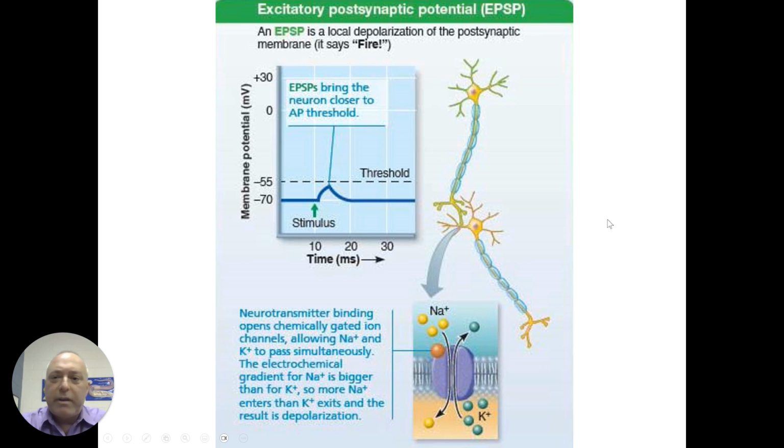The first one is called the excitatory postsynaptic potential, because we're at the postsynaptic membrane. This is an excitatory potential difference, which means you're going to get depolarization. If it doesn't reach threshold, it just goes back to its resting membrane potential.